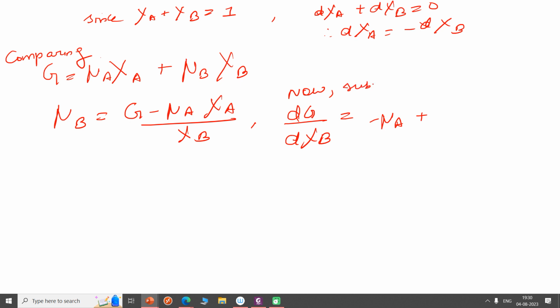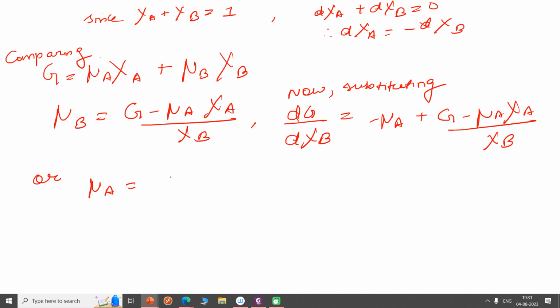If you just expand it, you will get μA is equal to G minus χB dG by dχB, right?